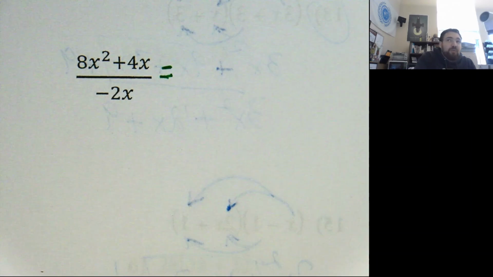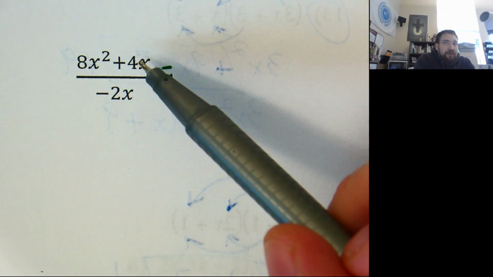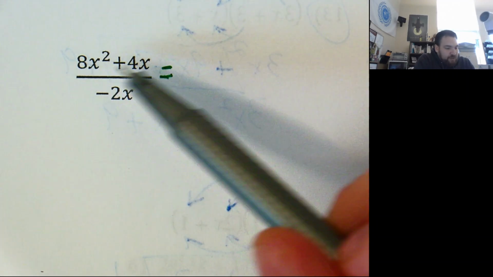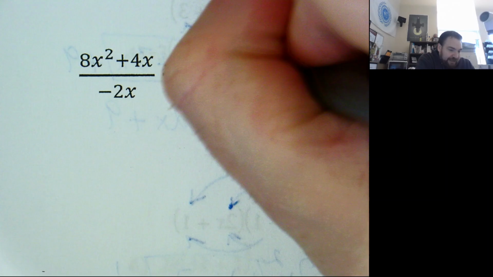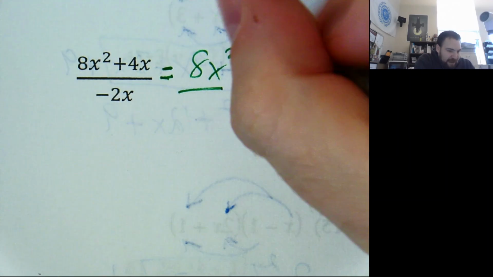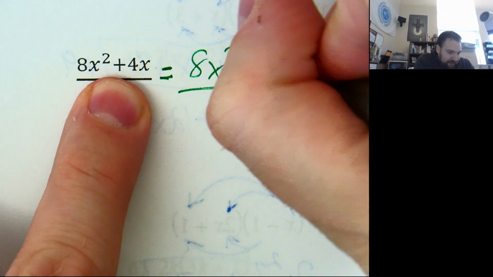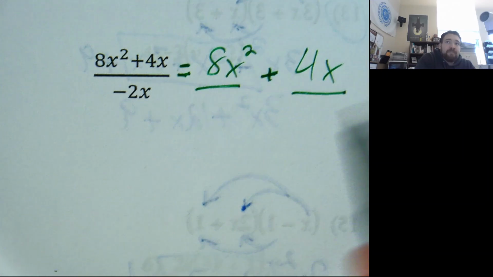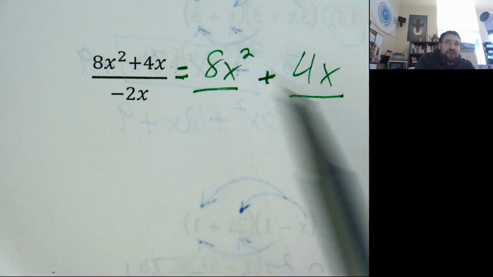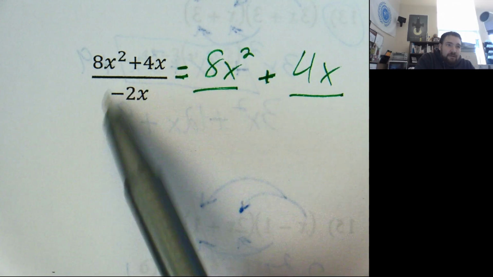And what we want to do is rewrite every term in the numerator over the denominator. So 8x squared plus 4x is going to become 8x squared over, and because we're adding in the middle, we're going to add right there, 4x over, and then both of these terms are going to get this.